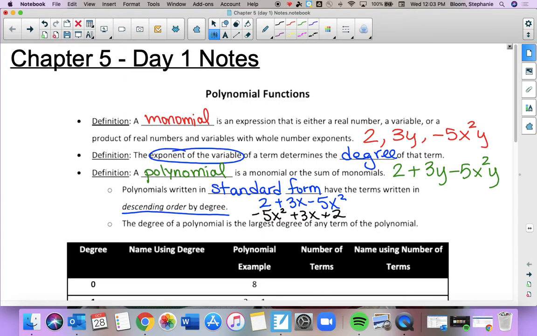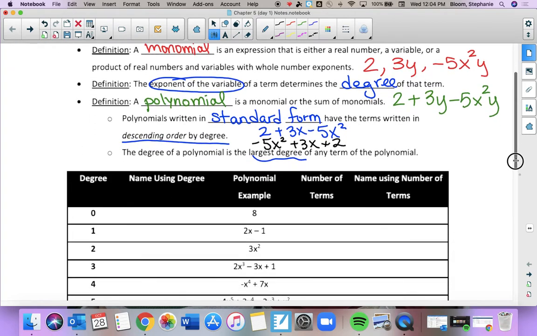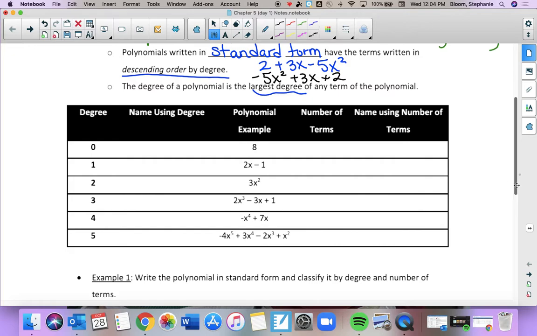And that's not new to you. Most of you already do that, put it in standard form. Okay, and then lastly, this is what I just set up above. The degree of the polynomial is going to be the largest exponent on a single term. Okay? So we're going to, on this table, look at some vocabulary here.